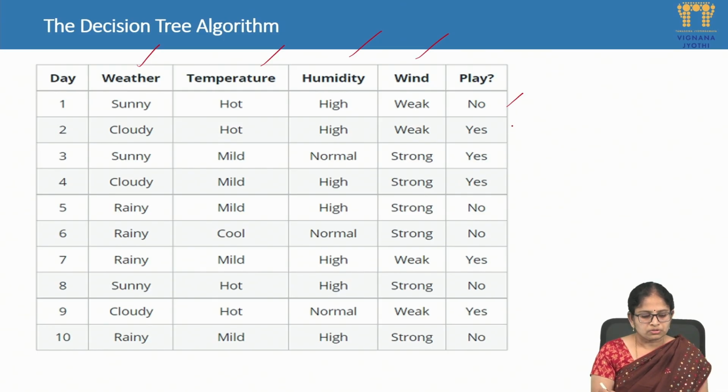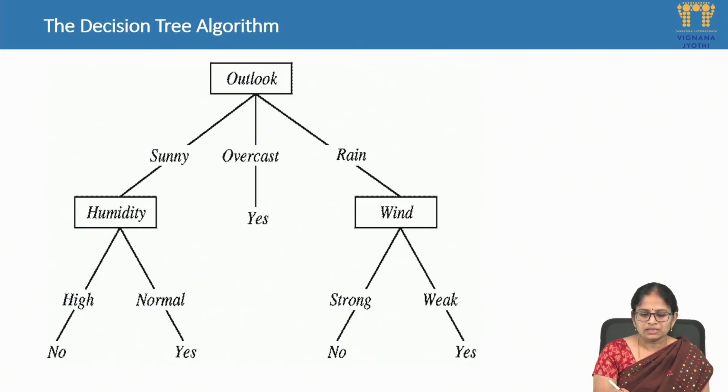yes or no. For this particular data set, the tree is constructed like this, with the outlook at the topmost level, called the root node. The test conducted at this root level is split into three different branches: sunny, overcast, and rain.